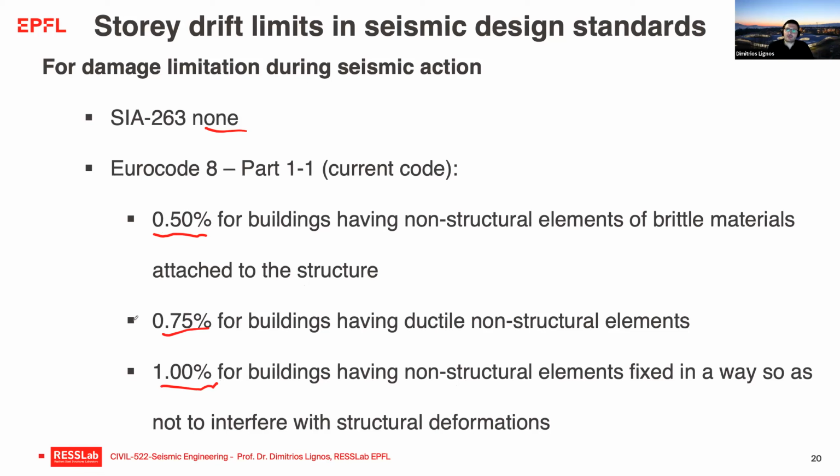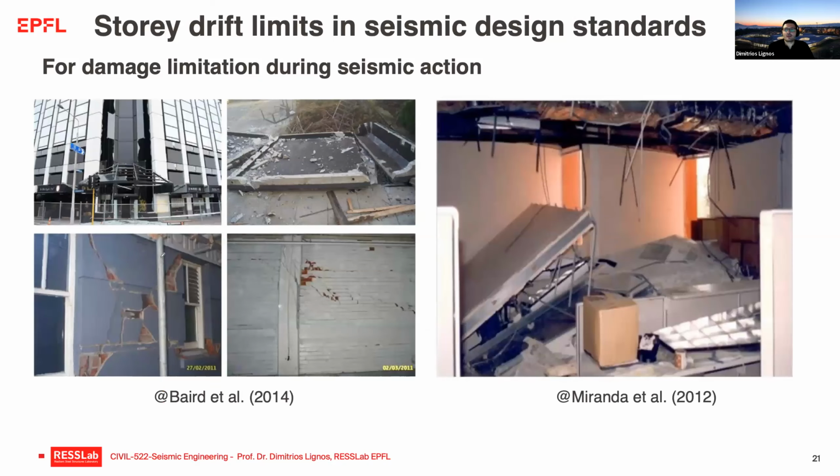Now, these limits are very crucial, and the reason is simple: during an earthquake, you may notice that a building may not experience substantial structural damage, but instead there is substantial non-structural damage simply because some of these limits have been violated. As an illustration, I'm going to show you some photos from two events.